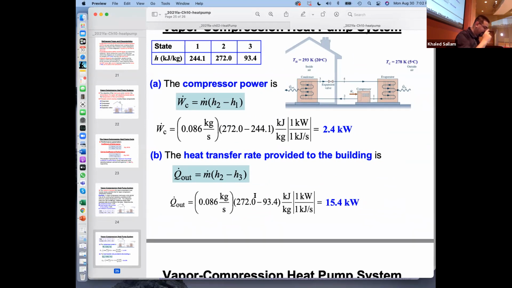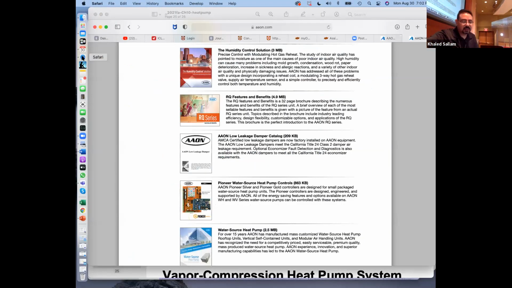And the other thing, with the expansion valve, the question for online people is, what is this throttling valve? How does it look?